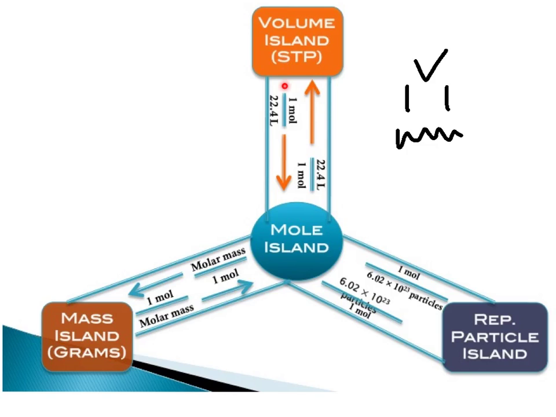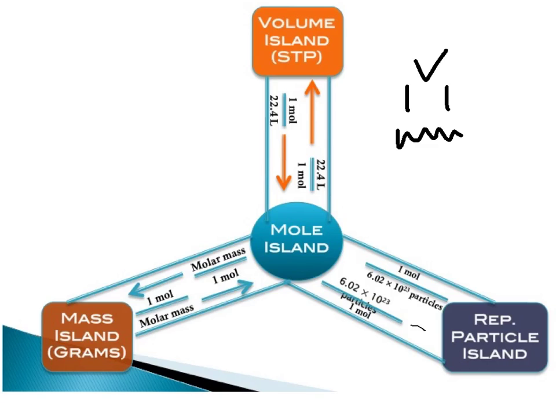If you are leaving Volume Island and you want to go back to Mole Island, you would start with whatever volume you were given, and then the next thing you would write in your T-chart would be 1 mole over 22.4 liters. If you do that, your liters would cancel out, you're left with moles, and you're back on Mole Island. Let's say you wanted to leave Mole Island and go to Representative Particle Island.